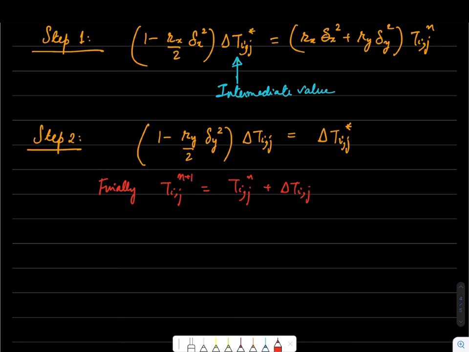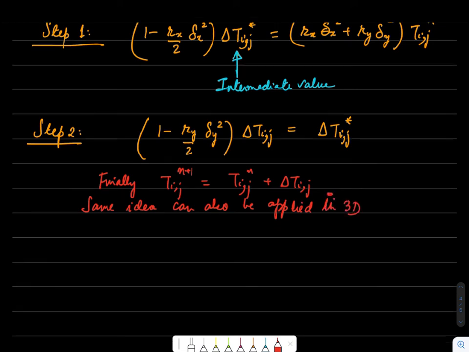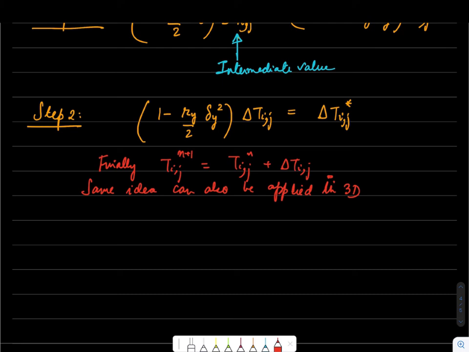Clearly, the same idea can also be applied in 3D, and let me show you very quickly how we'll solve it in 3D using this Crank-Nicolson scheme.